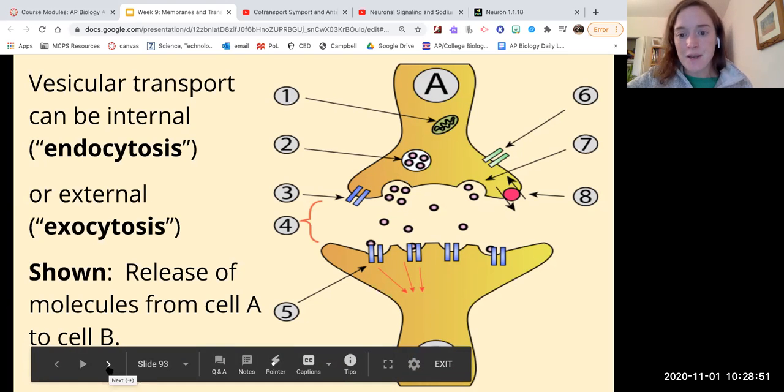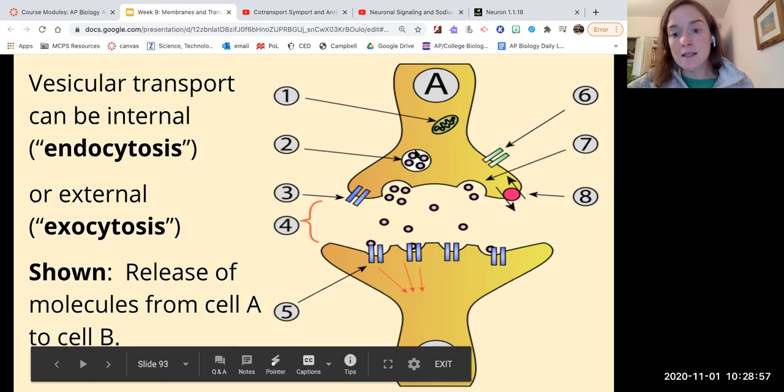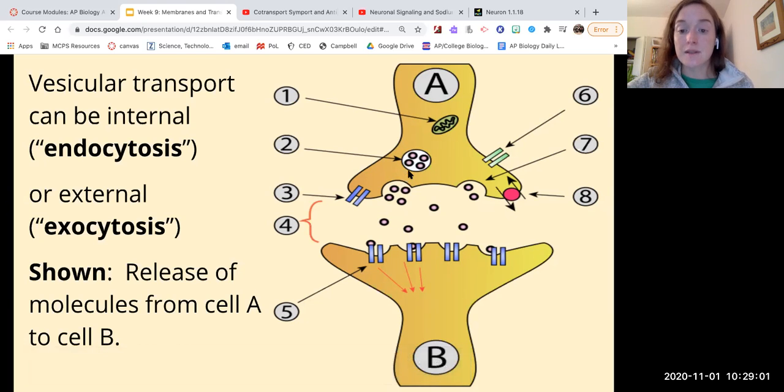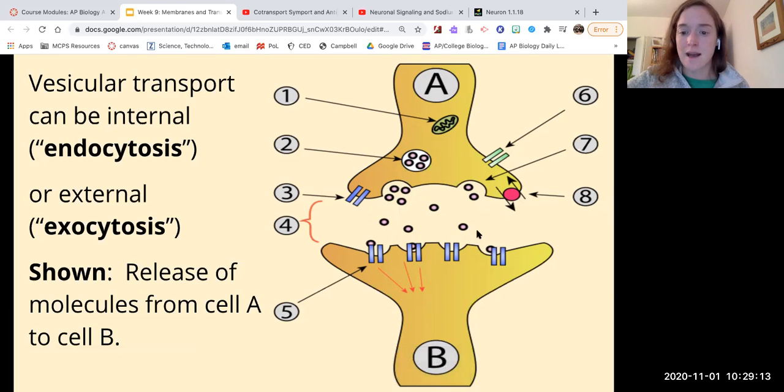So big applications, I think we talked briefly about the nervous system and how neurotransmitters can be released by exocytosis of one nerve cell and then brought in by endocytosis by another nerve cell across that synaptic cleft, synaptic gap, whatever you want to call this here.